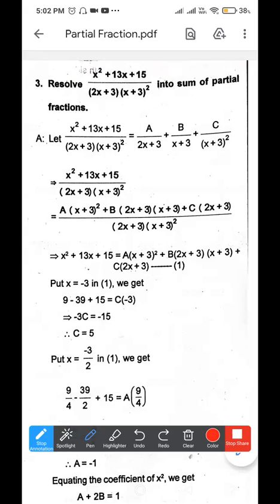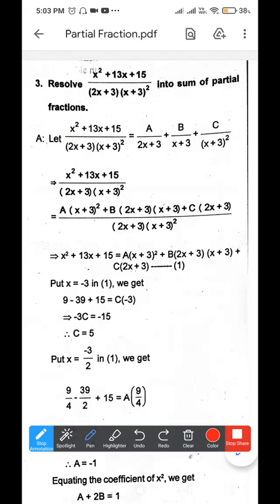As you can see, this can be written as a by 2x plus 3 plus b by x plus 3 and c by x plus 3 whole square.